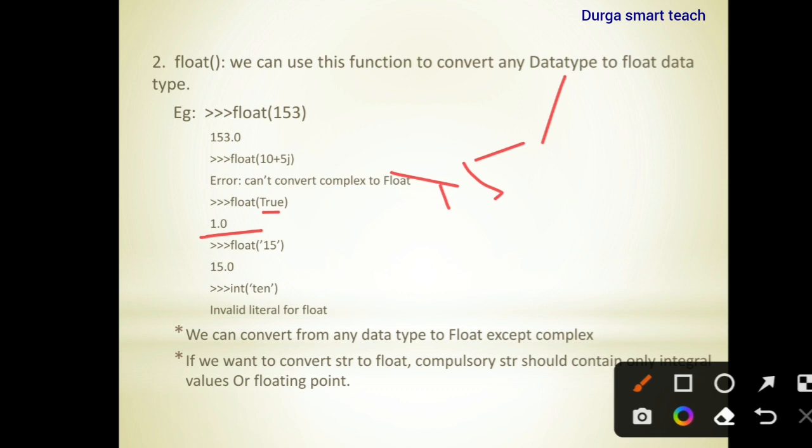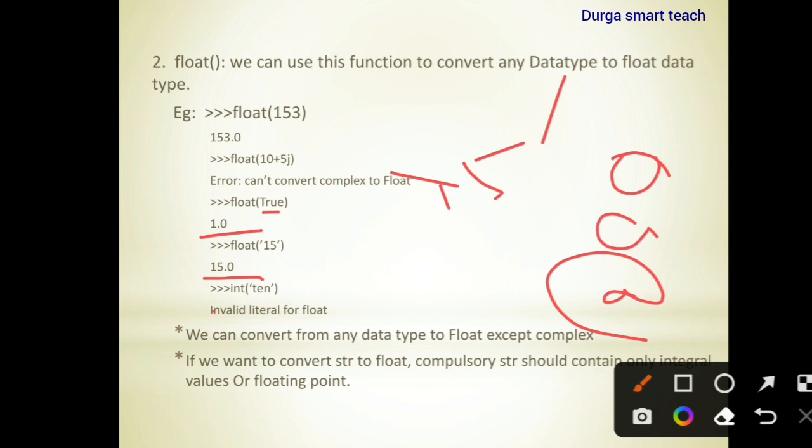Next, '15' is a string data type. A collection of characters is known as a string. Characters may be alphabets, digits and special symbols. Here the digits are enclosed within single quotations, so it is a string. It will convert it to float and return 15.0.